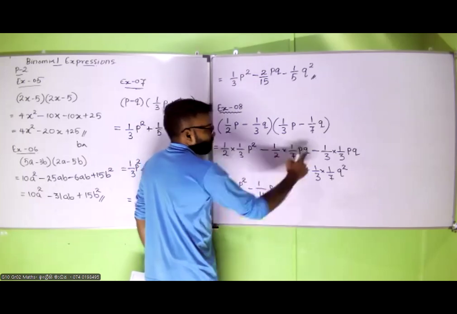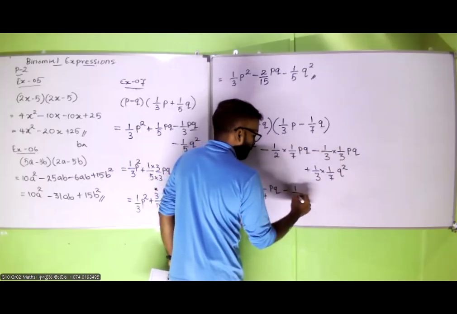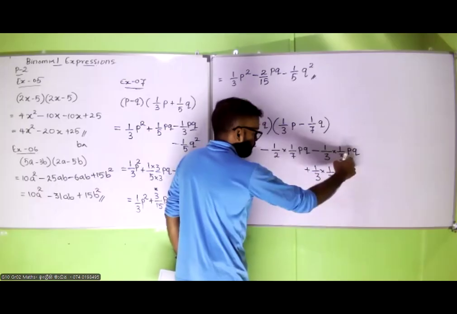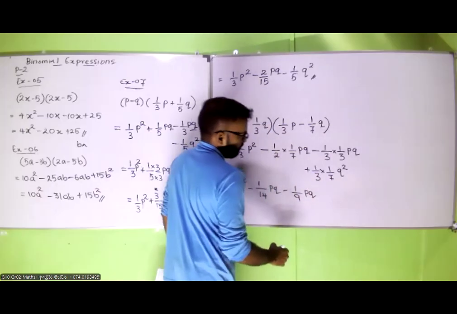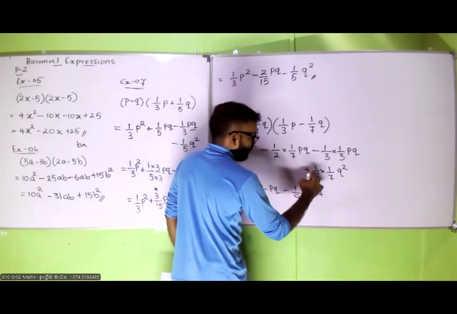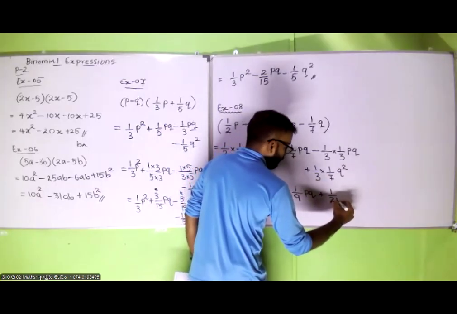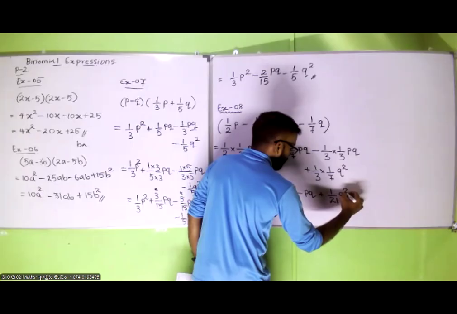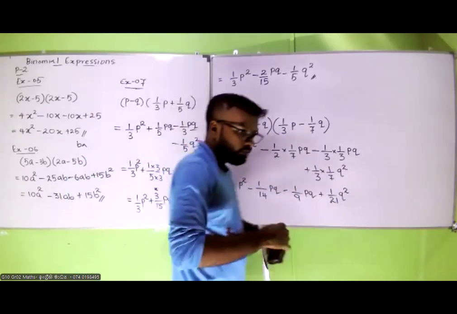Negative 1 into 1, 1, 3 into 3, 9, PQ. Plus 1 into 1, 1, 3 into 7, 21, Q square. Right?